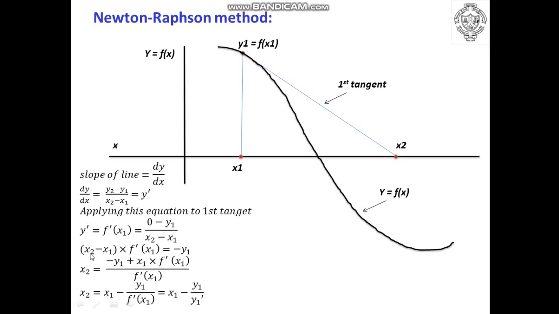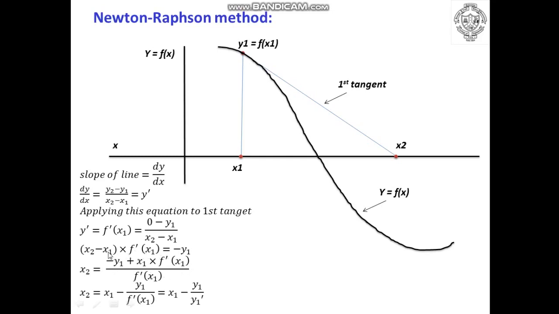Since we have to find out the value of x2, convert this equation by keeping x2 on the left hand side and all other values on the right hand side. So I will write x2 is equal to (minus y1 plus x1 into f dash of x1) divided by f dash of x1.